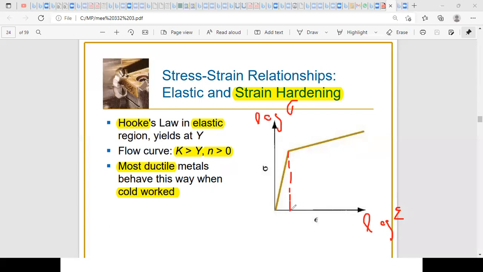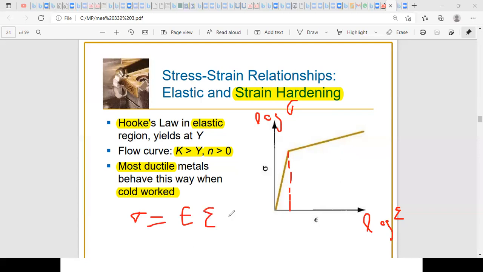While if it's following K epsilon to the power n, then it will be linear but with different coefficients. So here in this zone, what is the equation in elastic zone? Sigma equal modulus of elasticity times epsilon.